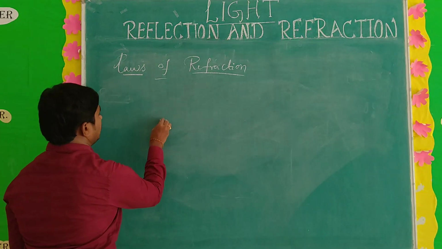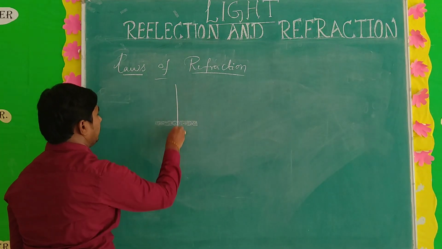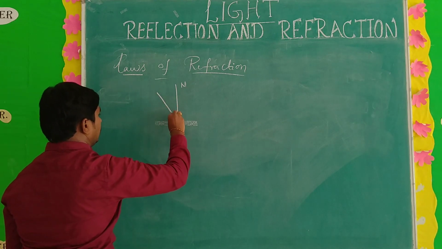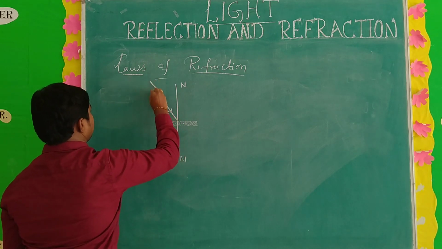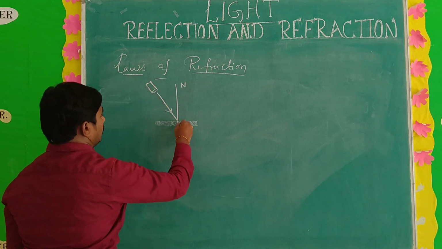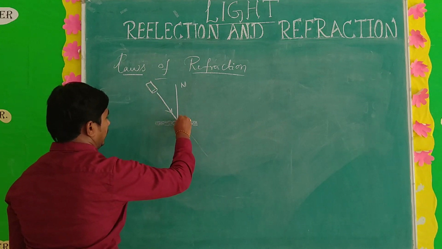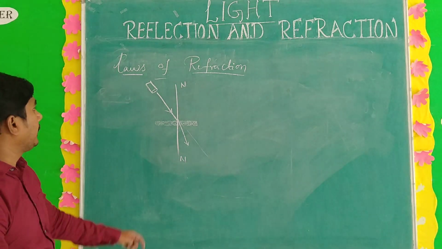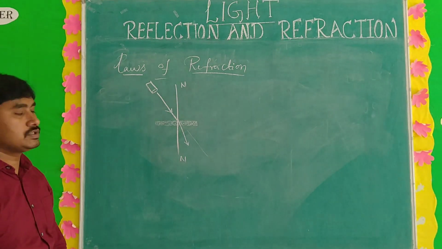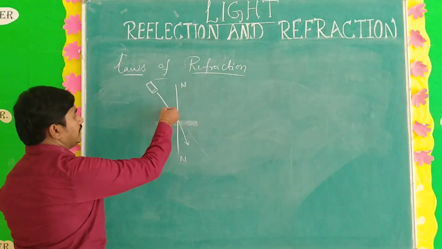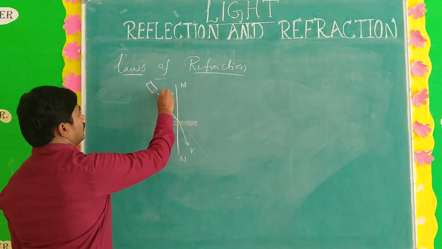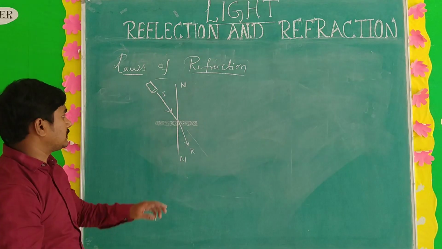See here, take a transparent medium, the normal ray, and take a laser light. This is the original path, and it bends along this line. So here this is the incident ray, the normal ray, and this one is the refracted ray.